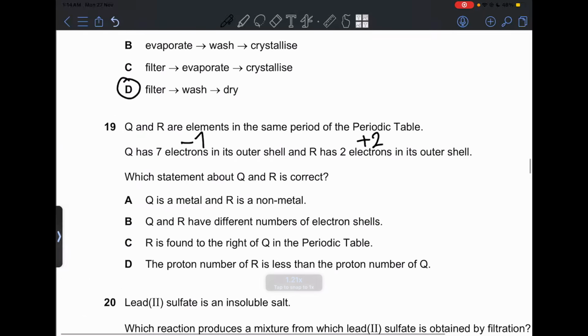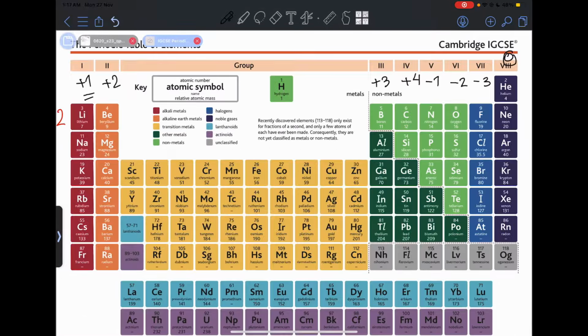So we're going to check our periodic table. In the periodic table, if we have elements that are in the same period, that means, for example, from lithium until neon, this is period 2. As we can see, the proton number from lithium until neon across the period, as we move from left to right, the proton numbers are increasing.